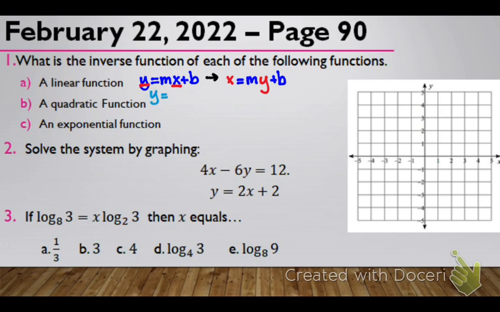Let me rewrite this. I can write a linear equation that would be y equals 4x plus 2. That would be a linear equation with numbers. And it would just look like x equals 4y plus 2. If I want to solve this equation for y, what would I do first?